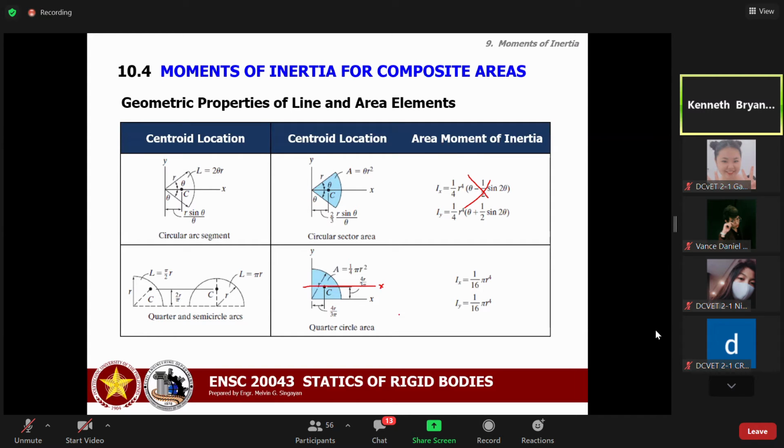Based on the lesson, how can I solve for I bar x prime? Of course, you can use integral to solve for I bar. But there is a way to solve for I bar x prime without using integral. And that is what?